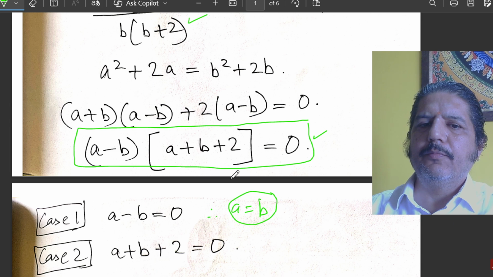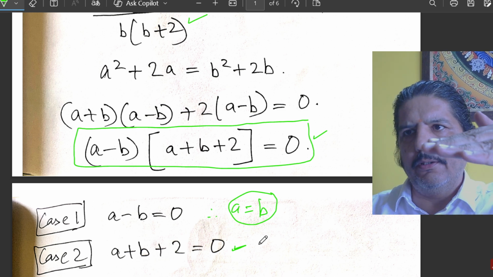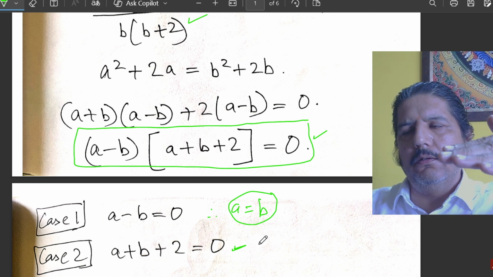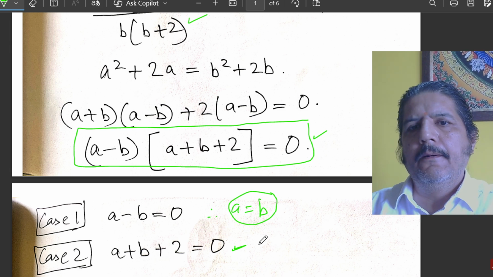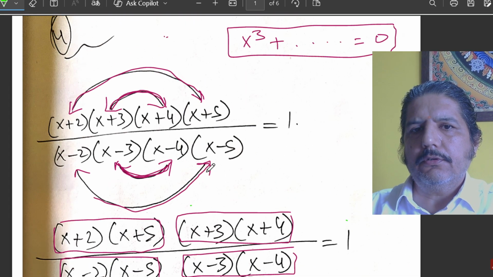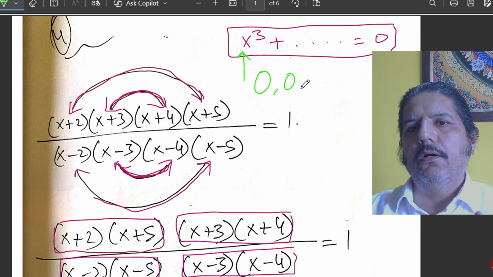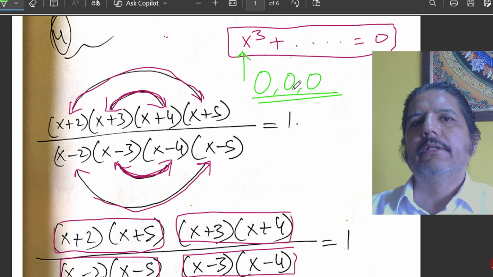The second case is a plus b plus 2 is equal to 0. This is the second which I'll have to solve, and this is how I'll get the solution. And as I've told you earlier, this will reduce to some cubic equation, and because it's a cubic equation, there'll be three roots.